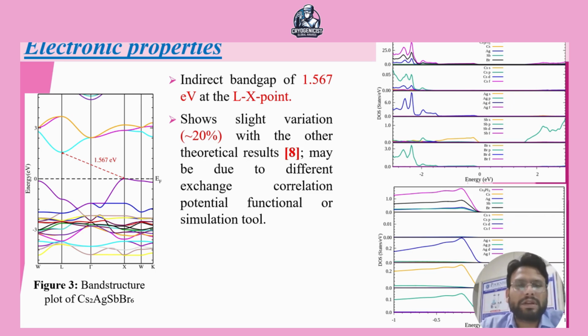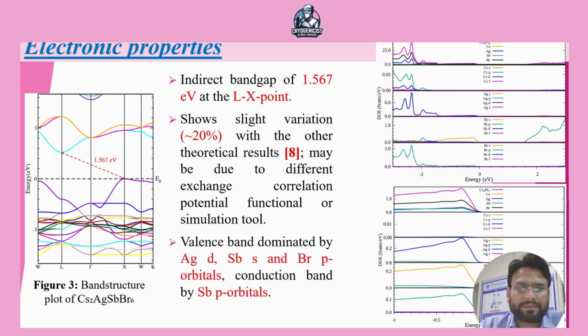Here we have used the full potential method, so there is a little variation in the band gap we found here. So valence band is dominated by Ag d, Sb s and Br p orbitals. Conduction band is mainly dominated by Sb p orbitals, as you can see in the top right corner graph.